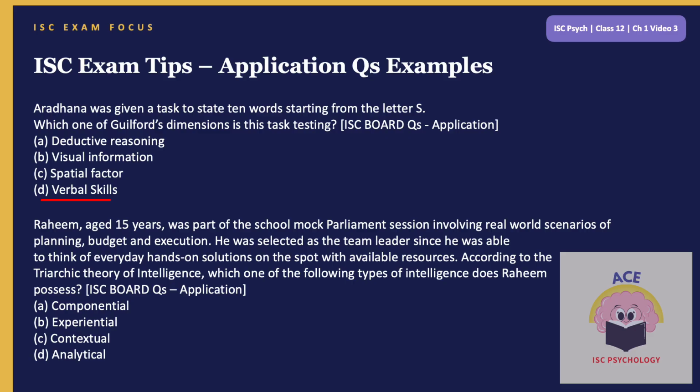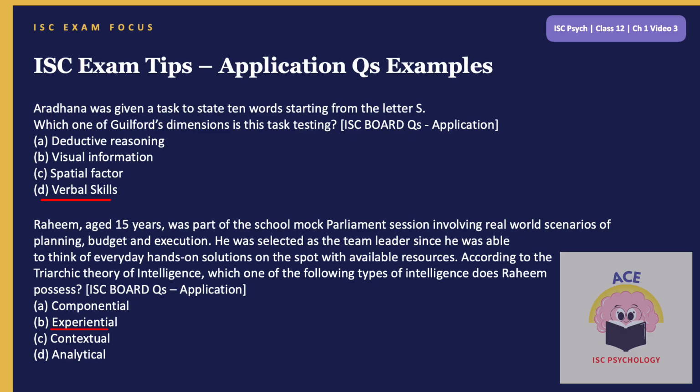In this question, Rahim is being asked to handle real-world situations, is giving on-the-spot solutions, and using creativity with available resources. So this matches experiential intelligence, which is applying knowledge in new situations. So that is the correct answer, option B. So whenever you see new situations, creative solutions, or thinking on the spot, think experiential intelligence.